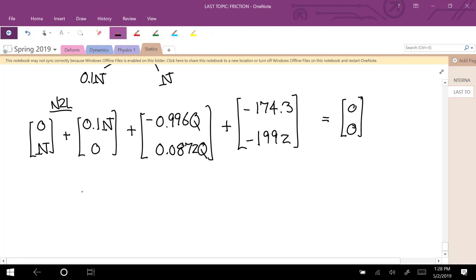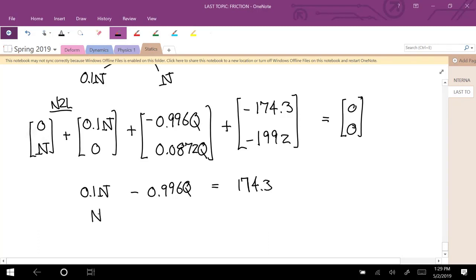And so we get two equations, 0.1 times the normal minus 0.996 Q is equal to 174.3.